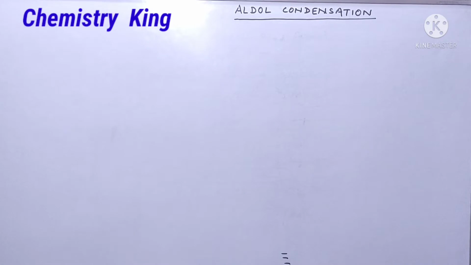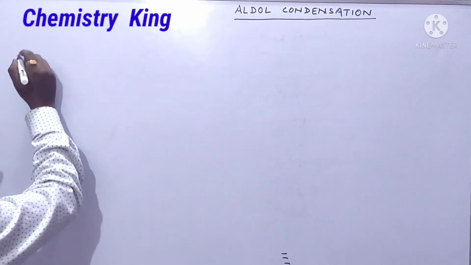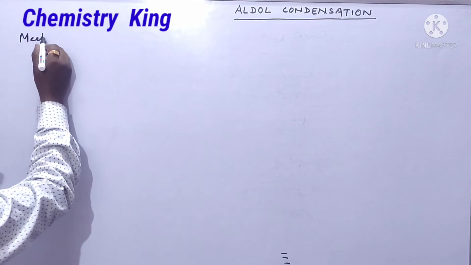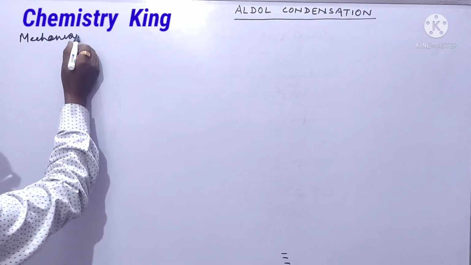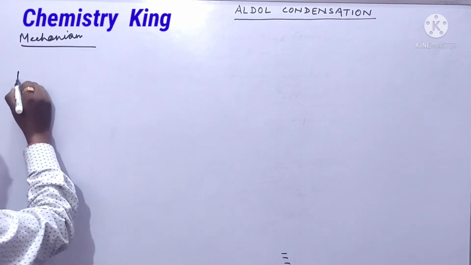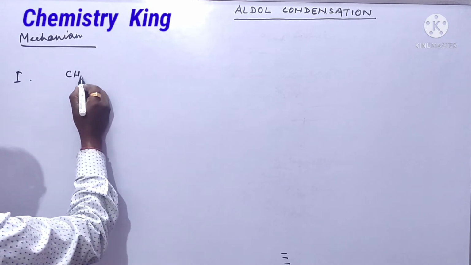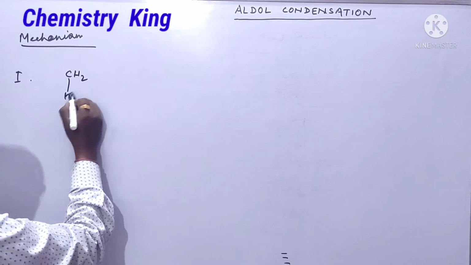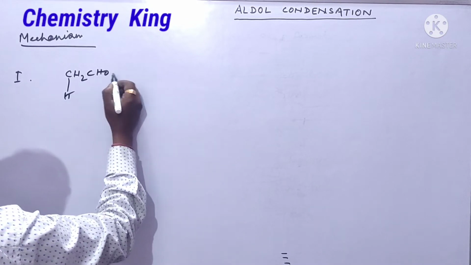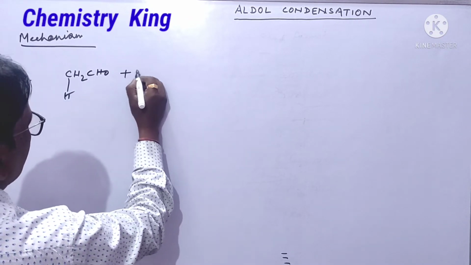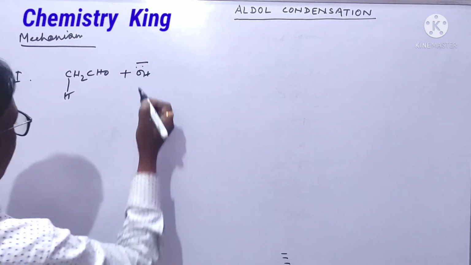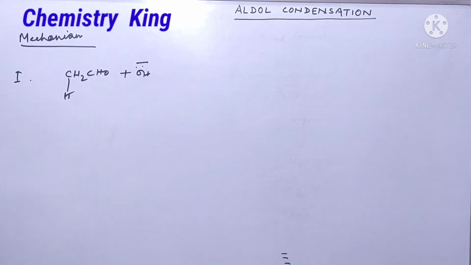Now we will see mechanism. Step 1. It is acetaldehyde and it is base, dilute NaOH.